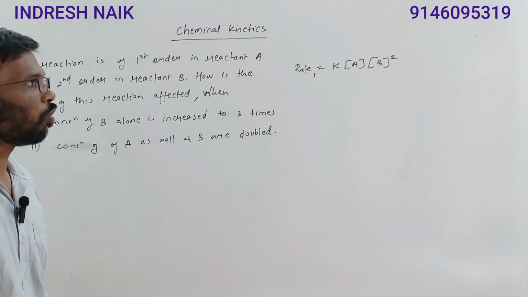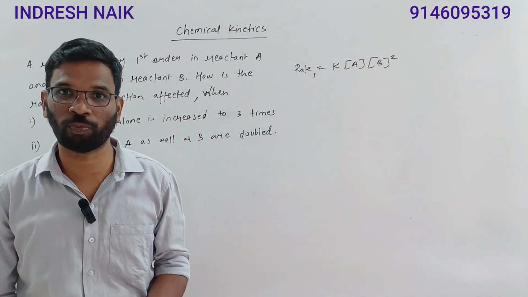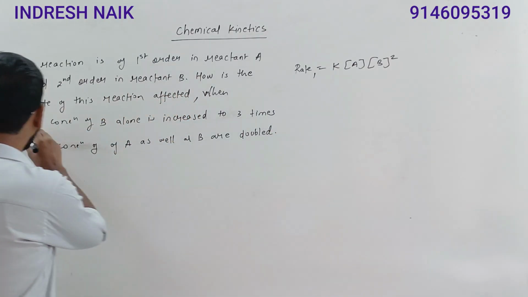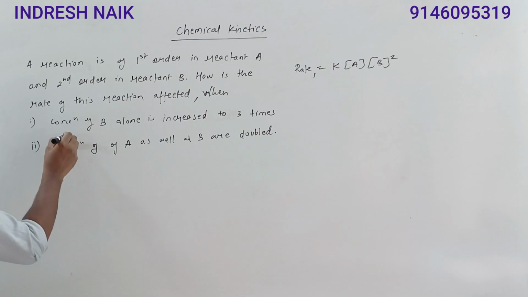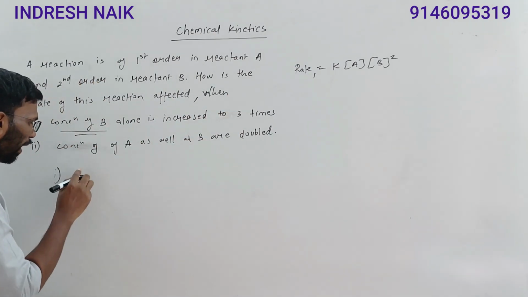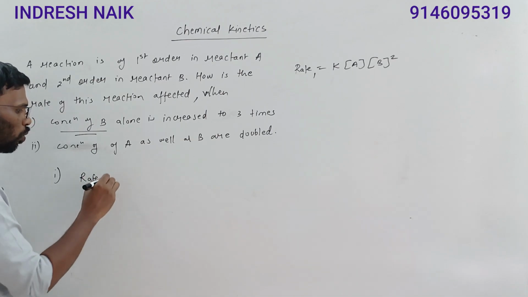Obviously when you change the concentration of A and B, the rate will be different. So we'll solve the first one. Concentration of B alone is increased to 3 times, so you will have a new rate, I'll write rate 2.